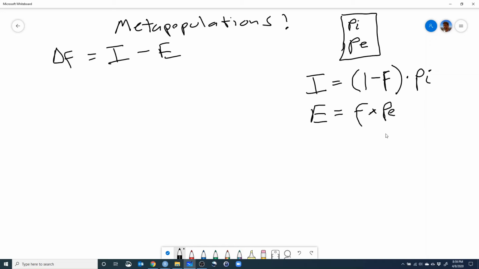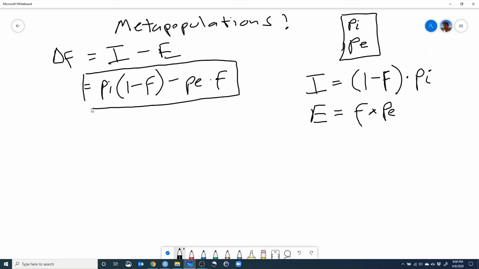Okay, so we have I and E, so we can go back here and redefine the change in the fraction of occupied patches as P sub I times 1 minus F, minus P sub E times F. And that gives us the classical metapopulation model, right? Or I should say, delta F is equal to this, all right? So that's one important formula.